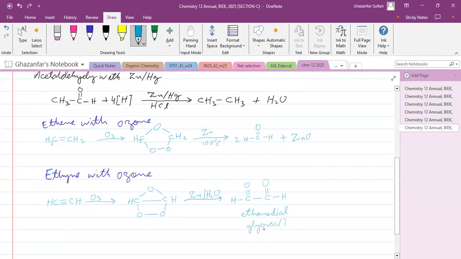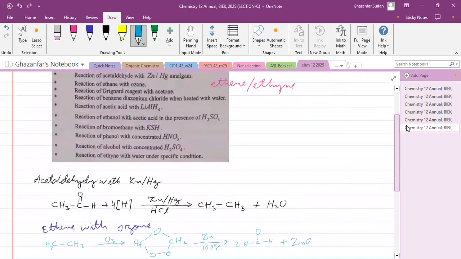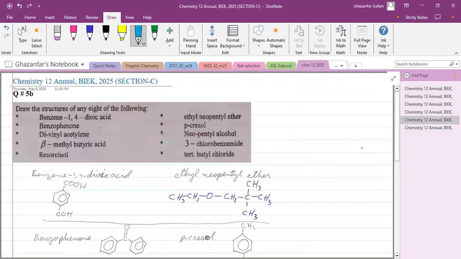So ethanedial or glyoxal is produced along with zinc oxide. So students have attempted this reaction in this way. Some of the students attempted ethene with ozone and some attempted ethyne with ozone, and some of them left this reaction in choice.